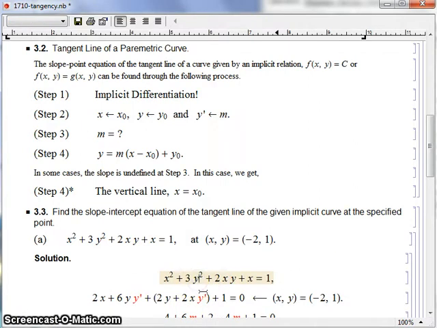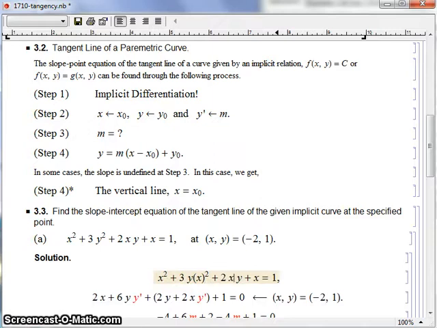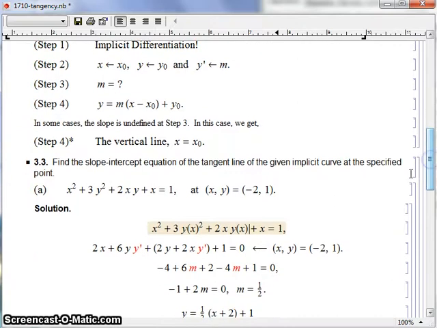Here, important point is notice that y is actually a function of x, at least locally. Therefore, if you take the derivative with respect to x of this y of x squared, this is a composite function. Again, y of x is a function. Therefore, if you take the derivative, we're going to get something like this.